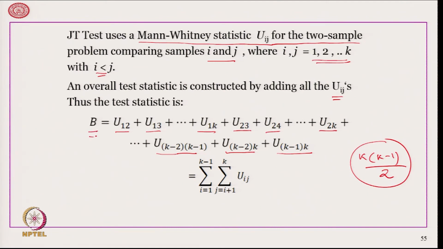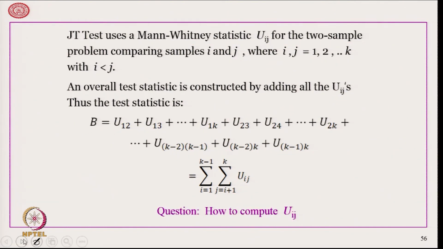Therefore, the final statistic is the sum, sigma over i equal to 1 to k minus 1, j equal to i plus 1 to k, of U i j. As you can easily understand, this expression can be written neatly and concisely like this. The question is how to compute U i j.